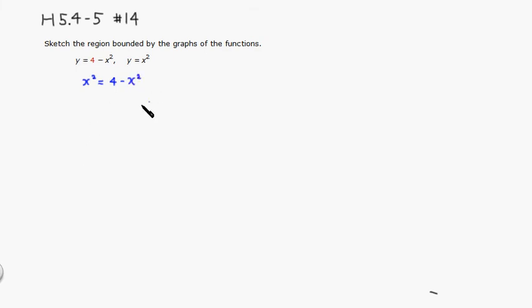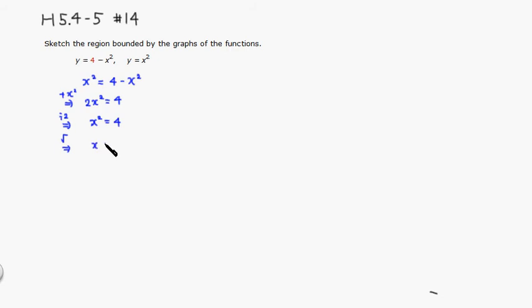Then we add x squared to both sides, so you have 2x squared is equal to 4. Then we divide through by 2. You have x squared is equal to 2, and then we take the square root.